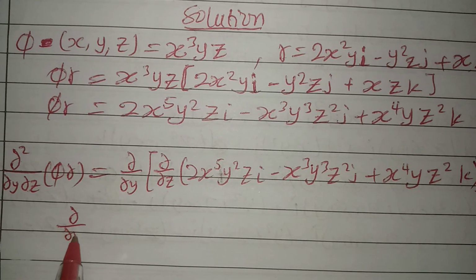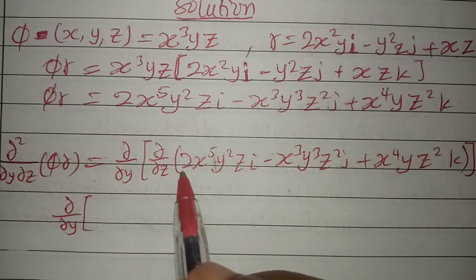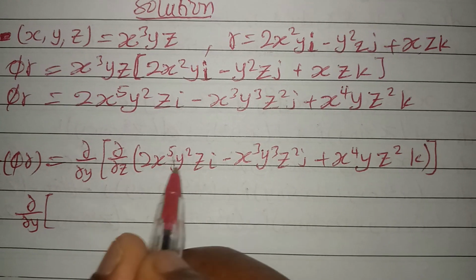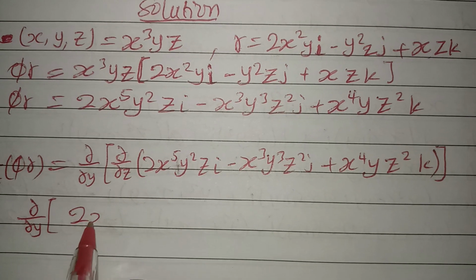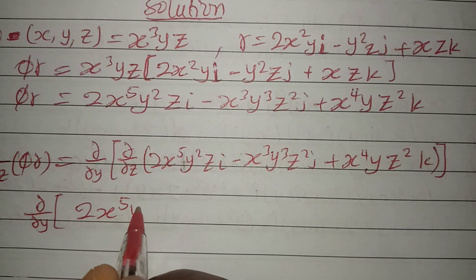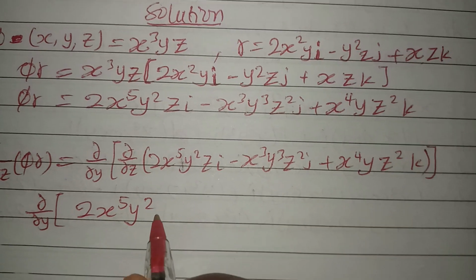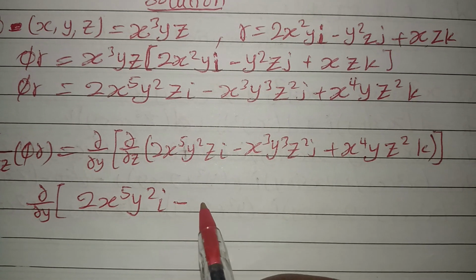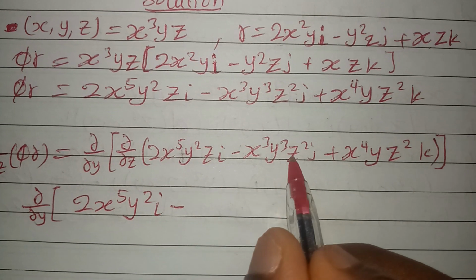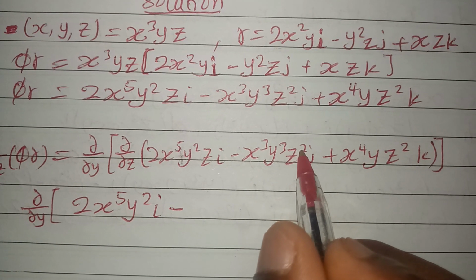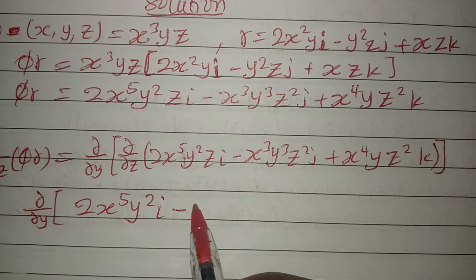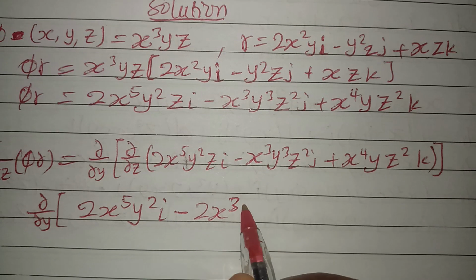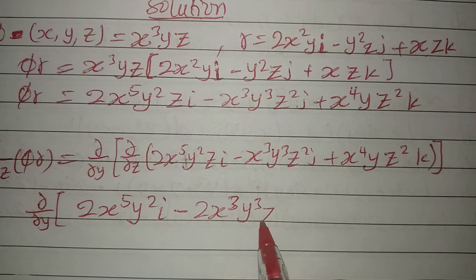With respect to z, we'll have this term to be 2x exponent 5 y exponent 2 i, minus this one, when you differentiate this partially, that will give 2x cubed y cubed z.